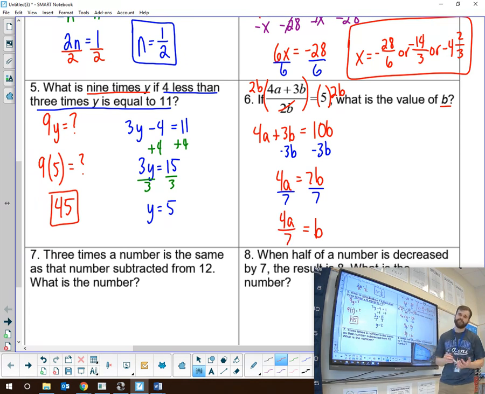It still has a variable in it. Well, guys, we can get an answer that has a variable in it. We can. It's just what b equals. And whenever we're solving, what that means is we're isolating that variable by itself, even if there are other variables there. So my final answer is going to be b equals 4a over 7.